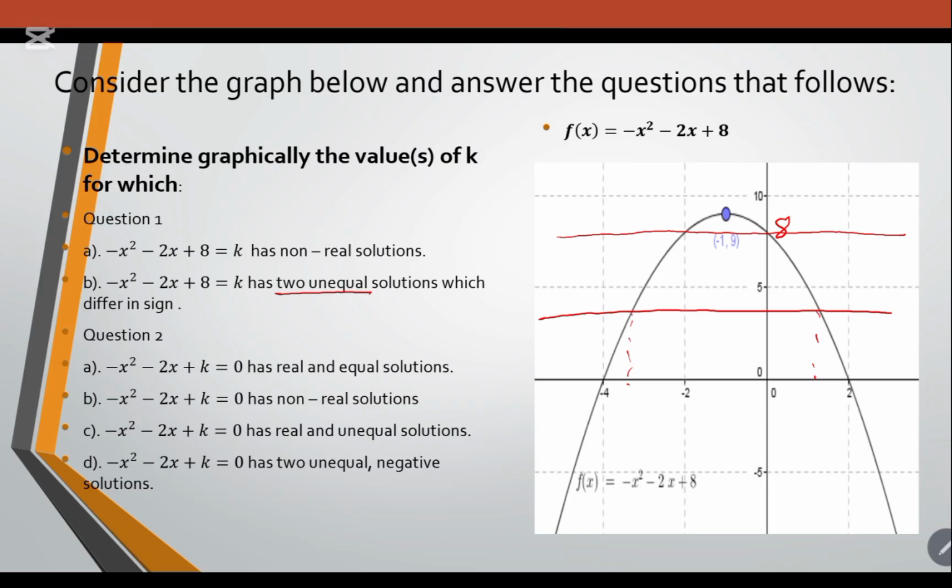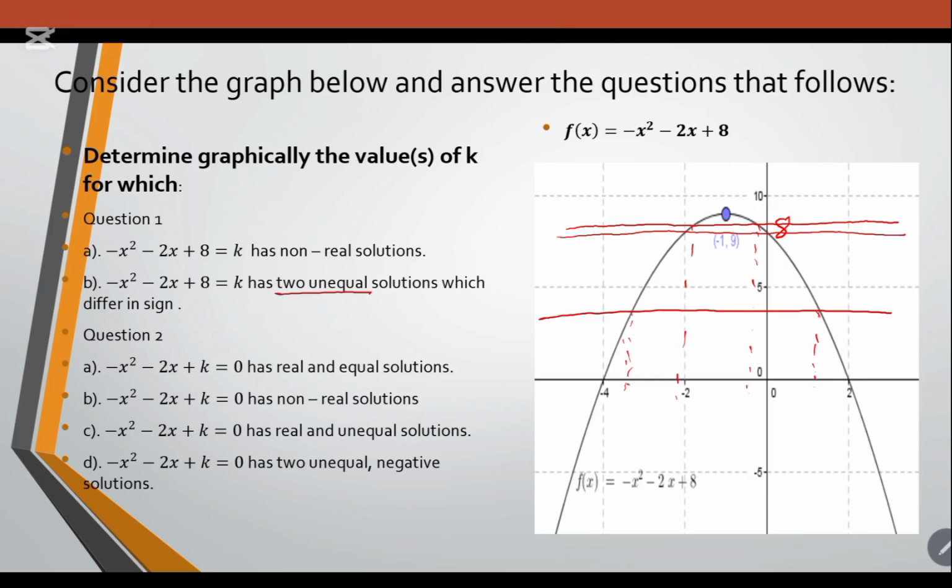Because if it is below 8, whenever they intersect, one value of x is negative and the other value of x is positive. But what about if our line is above 8? Now, both values of x here are negative.